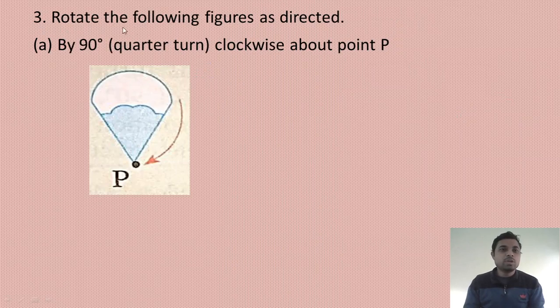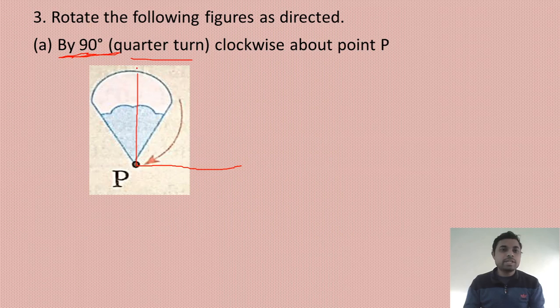Question number 3. Rotate the following figures as directed. A. By 90 degrees, a quarter turn clockwise about point P. Here, this is point P. Okay. This symbol means it rotates clockwise. Quarter turn means 90 degrees is given here.